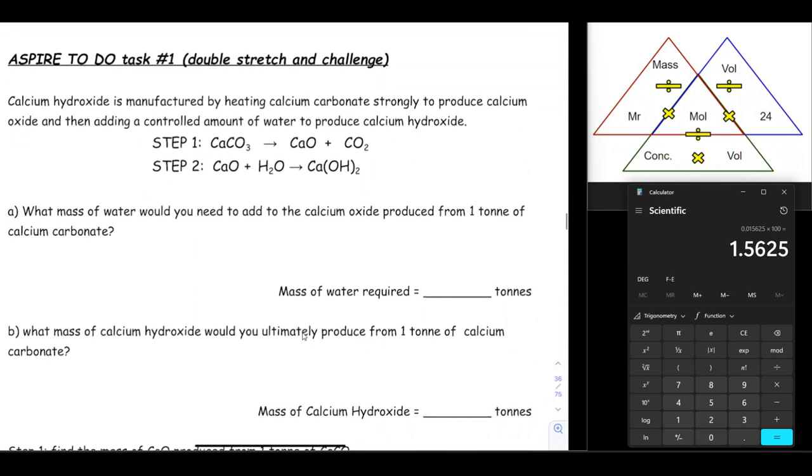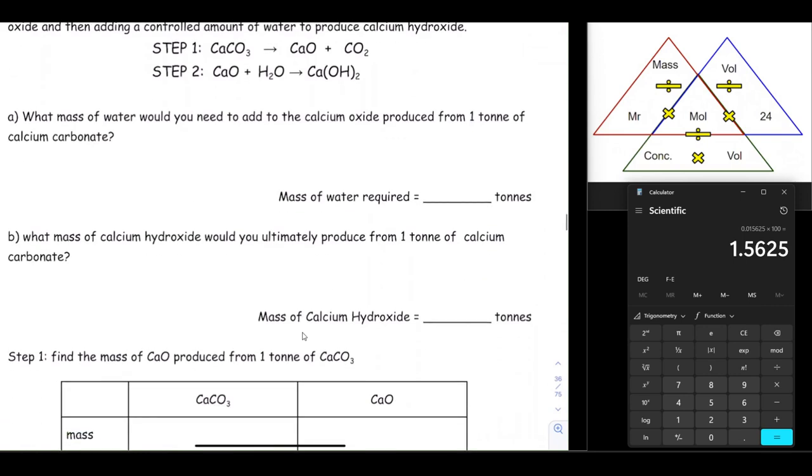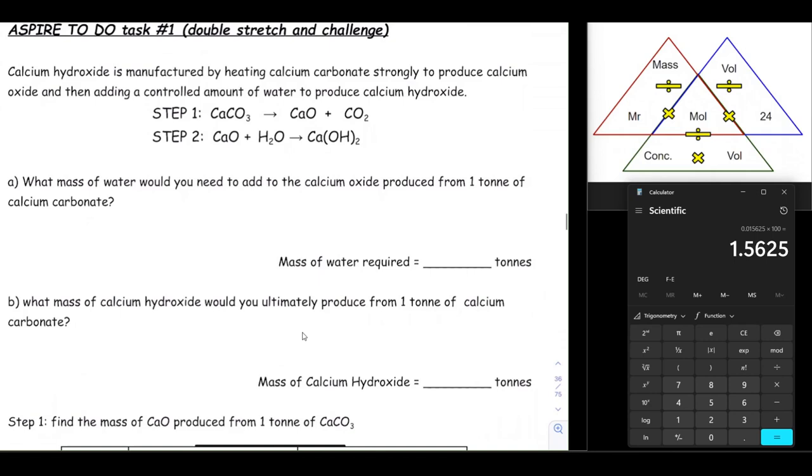Okay, here is the double stretch and challenge because it is a double step process. It's exactly the same step process, but it's a double step process. So it's saying calcium hydroxide is manufactured by heating calcium carbonate strongly to produce calcium oxide, then adding a controlled amount of water to produce calcium hydroxide.